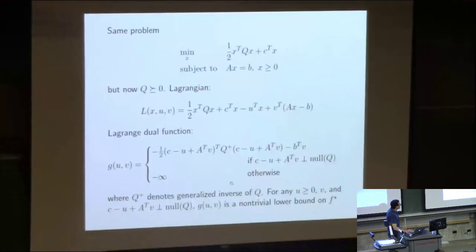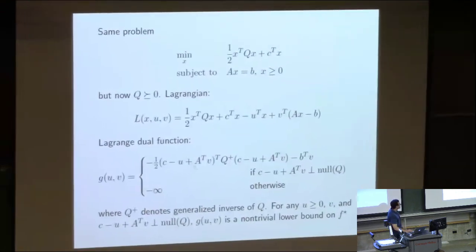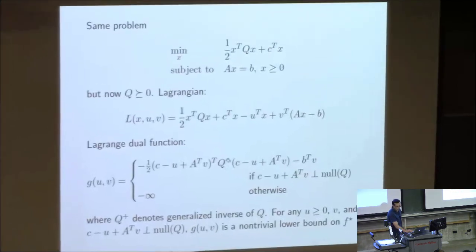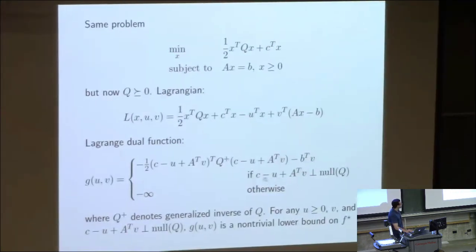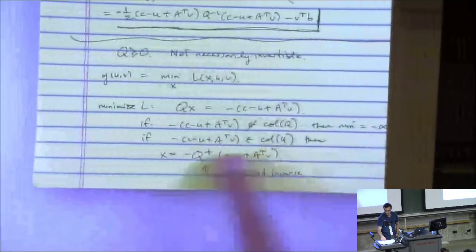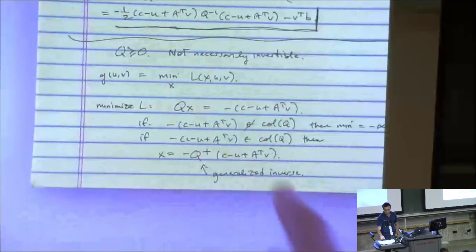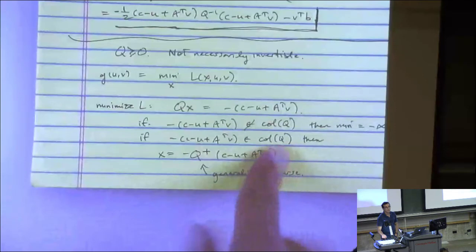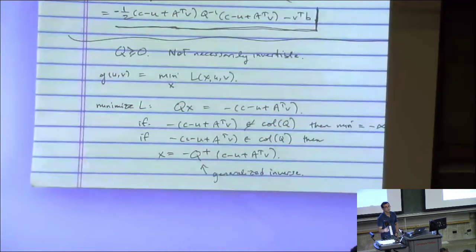Now we have two cases: it's either negative infinity or this. I wrote this thing, C minus U plus A transpose V, orthogonal to the null space of Q. That's actually equivalent to these statements. For example, if this is in the column space of Q, which means it's in the row space of Q because Q is symmetric, that's equivalent to it being orthogonal to the null space of Q, because the null space and the row space are orthogonal complements for any matrix.